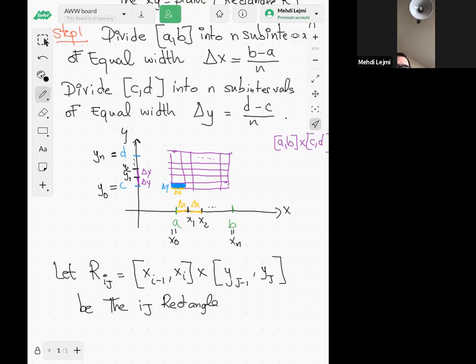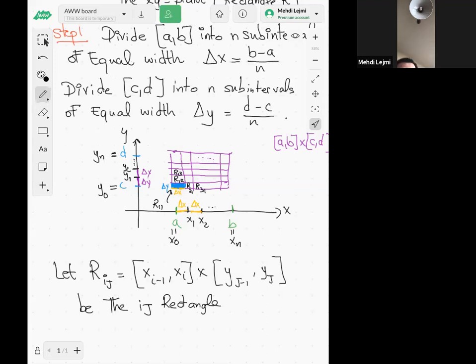For example, this small rectangle here would be R11, the next one here would be R21, R31, etc. This rectangle here would be R12, R13, etc. So we have all these small rectangles.